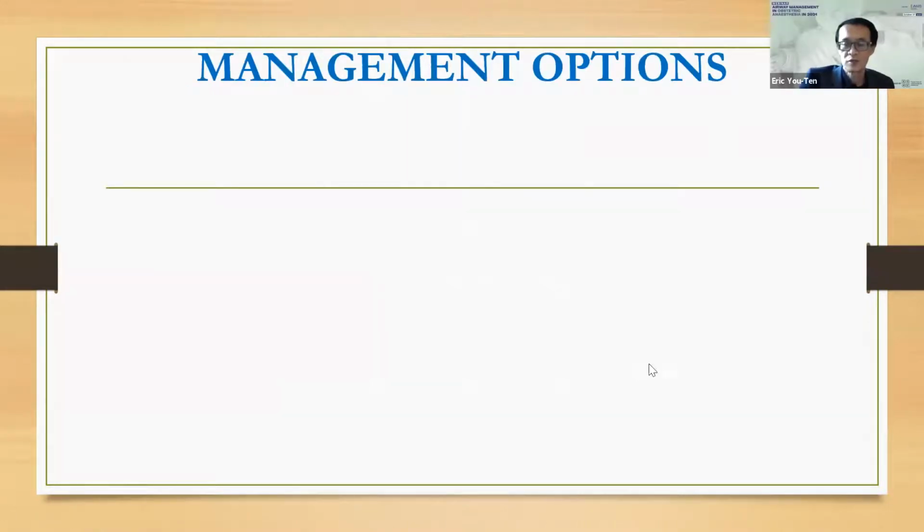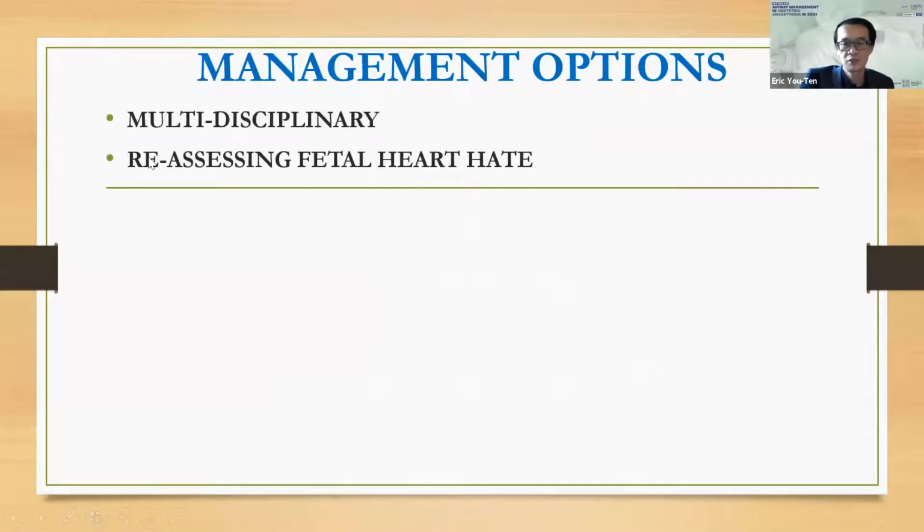So the management option first is, we talked about a multidisciplinary approach. And something that I recommend is, as we are moving patients to the operating room, before you finalize your management plan, to reassess the fetal heart rate, because sometimes it does recover and sometimes it worsens. And so that would perhaps affect your decision-making.